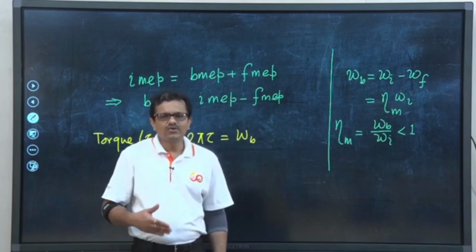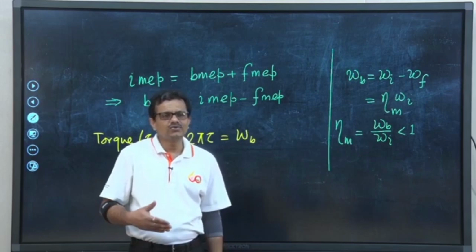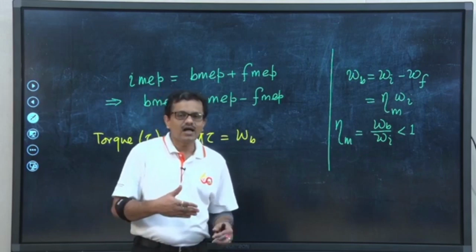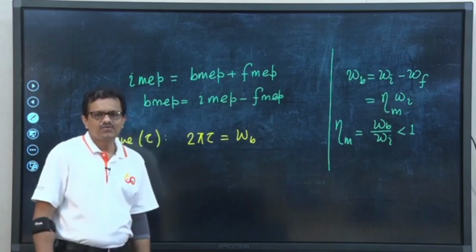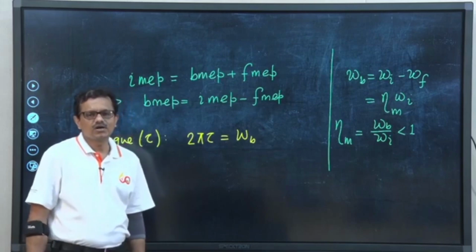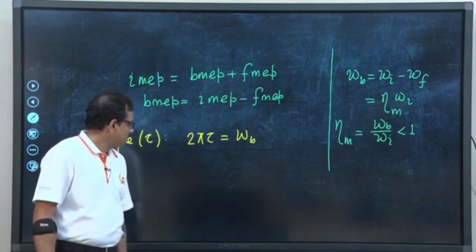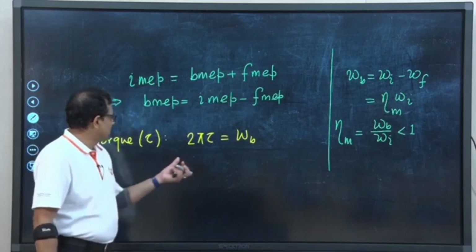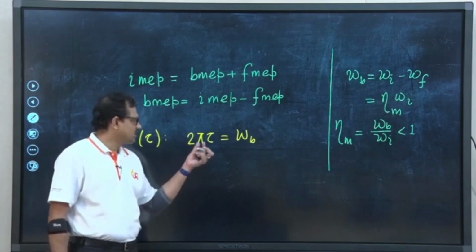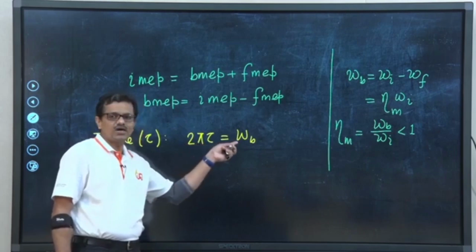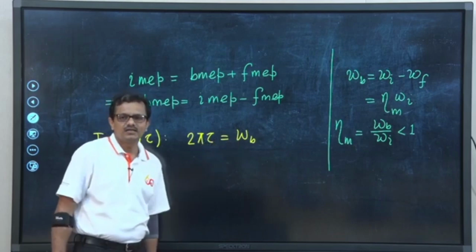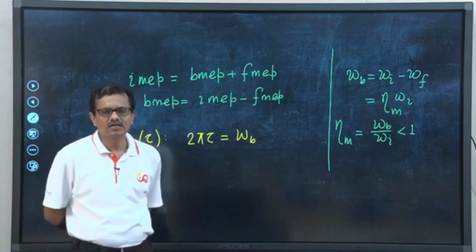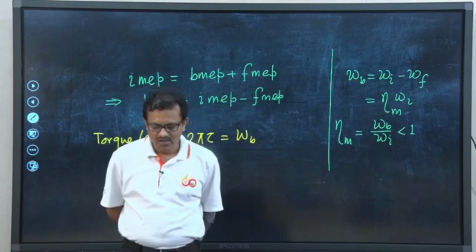So, we need to look for other options from which we can calculate the work output. If we can measure torque, since this torque is related to the work, then we can get a fair estimate of the work being produced.